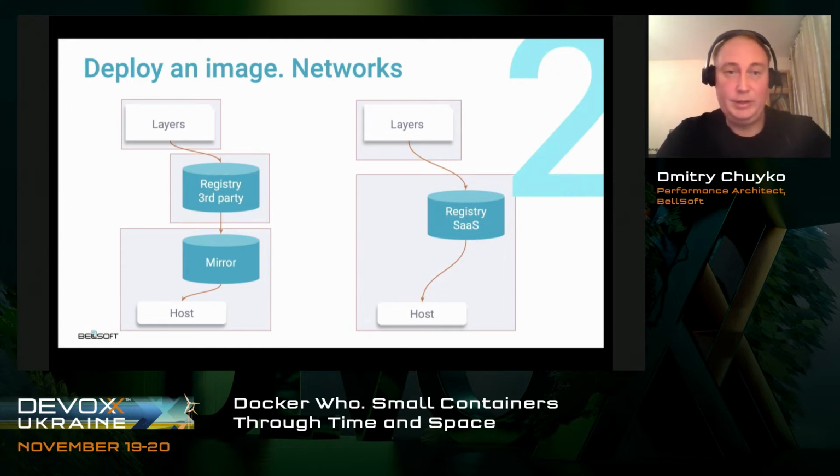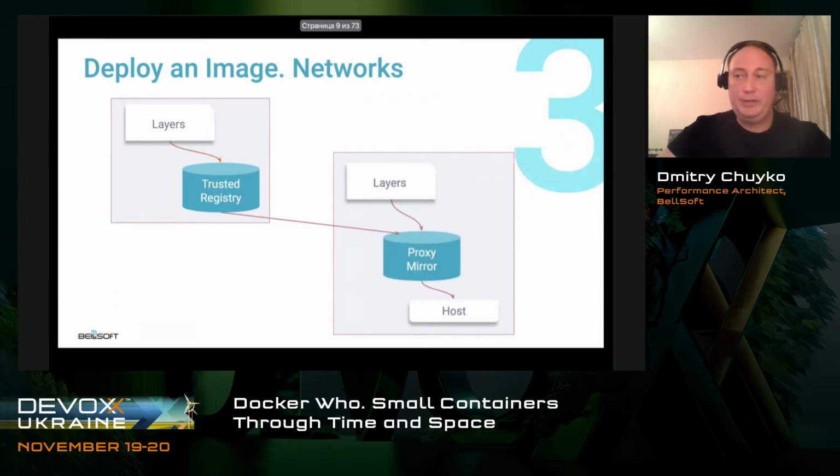That's quite easy to start from scratch, right? We just use everything from our cloud provider. It may be a third-party registry where we upload it, and then there may be a mirror. In a particular case, it may be a trusted registry, right?